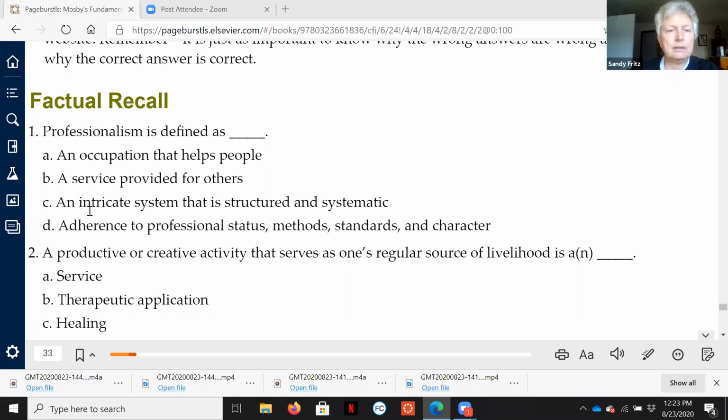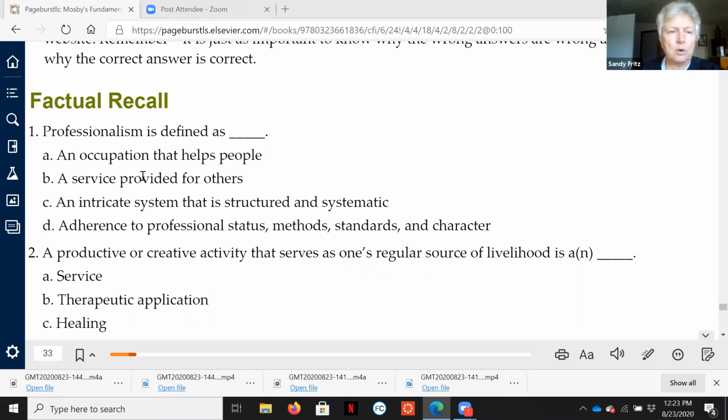We have concepts here: an intricate system that is structured and systematic. And we have adherence to professional status, methods, standards, and character. Now, we got some things that aren't great about this question. One is that the potential answers down here are not all the same length. 2 of them, A and B, are shorter than C and D.